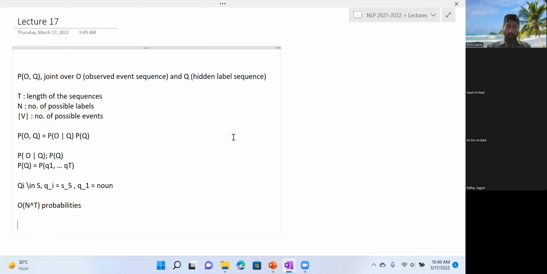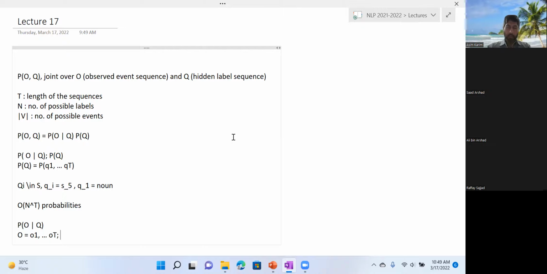So similarly, for the other probability, O given Q. For a possible Q, you need to estimate the distribution over O. For O, of course, capital O is basically O1 to O capital T. Sequence length is of course the same.